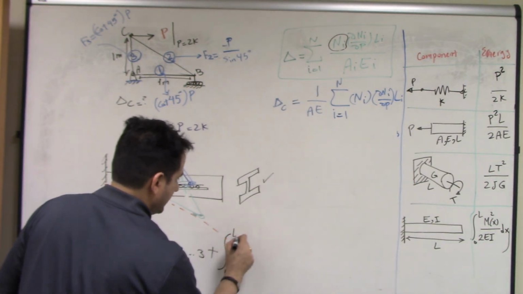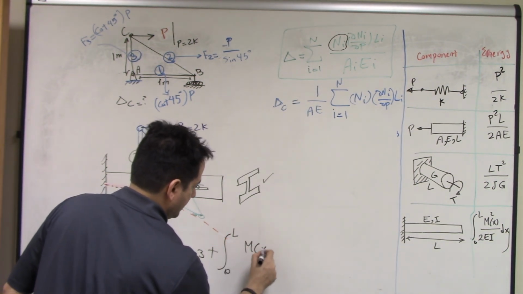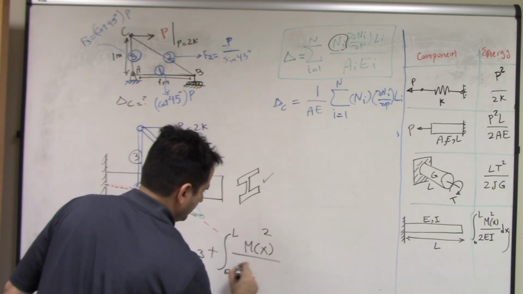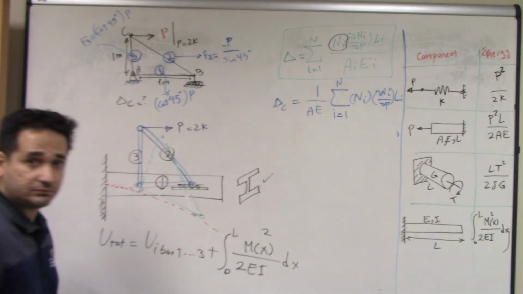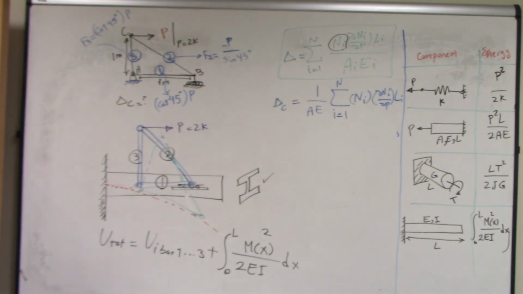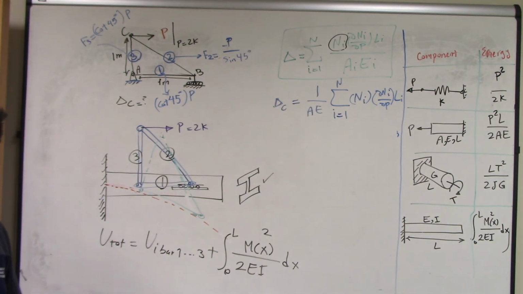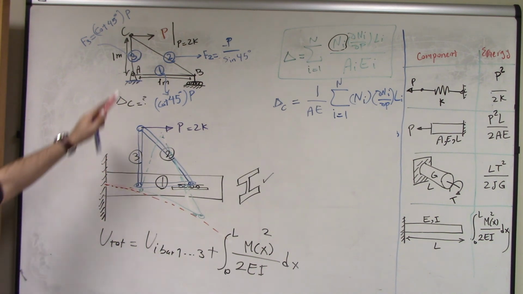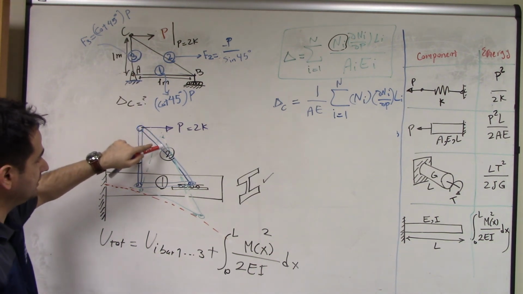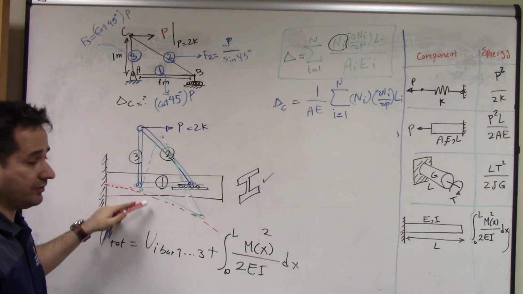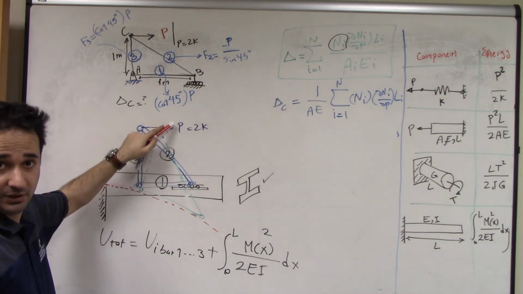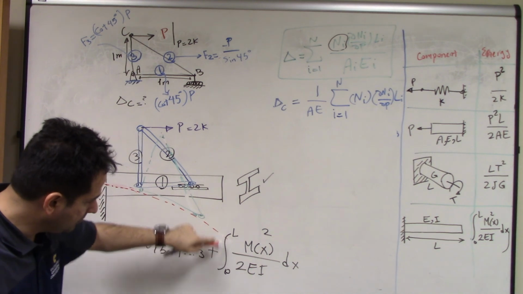integral 0 to L, Mx squared over 2EI dx. Now, if you look at this equation, we know that if we apply a force P here, the force in each bar, and consequently the internal energy of each bar, is a function of P. But what about this weird integral here?